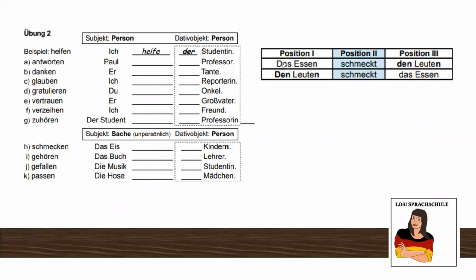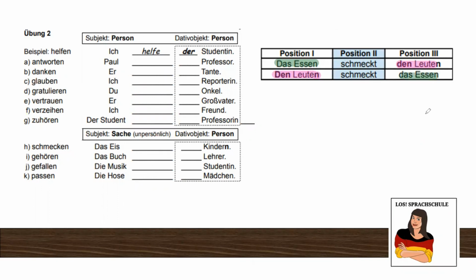In the example here, das Essen schmeckt den Leuten. The food tastes good to the people. Position 1, the subject, the verb, of course, position 2, and position 3 is our dative object. But for emphasis or for other reasons we will learn in the future, we can also switch it around. Den Leuten schmeckt das Essen.